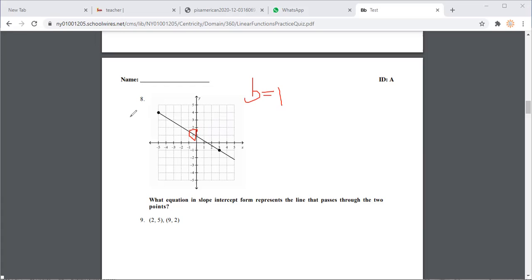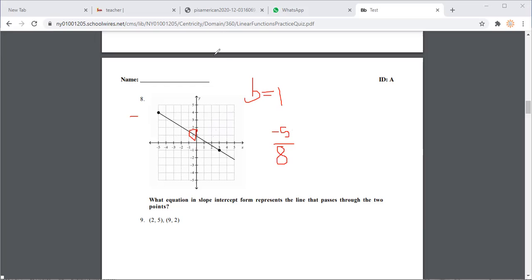Negative. We start to count the rise. How many units up? 0, 1, 2, 3, 4, 5. So I have -5. And then how many run? 0, 1, 2, 3, 4, 5, 6, 7, 8. So it will be -5/8.